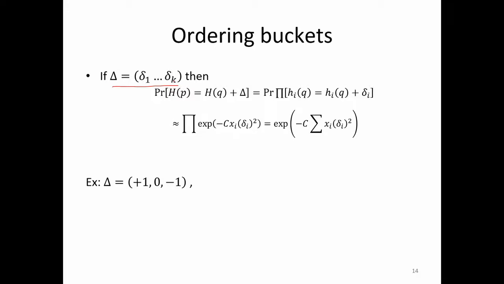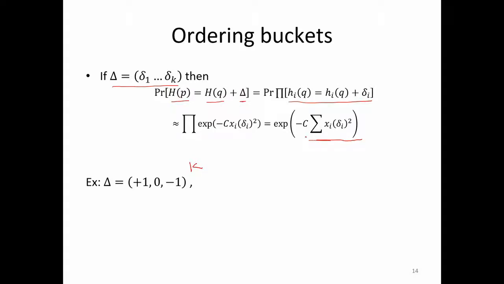So the probability that this point P falls in the bucket H(Q) plus this delta, the perturbation vector in the bucket space, where delta is in this set to the power k, is just a product over each of the coordinates. And in e to the power, this becomes a summation of these squares.